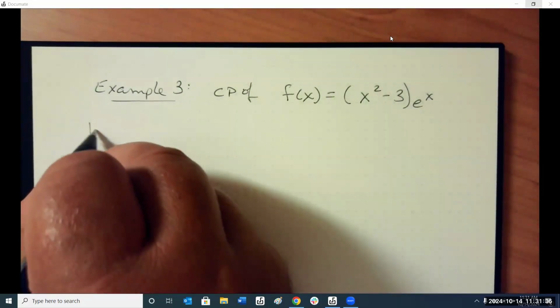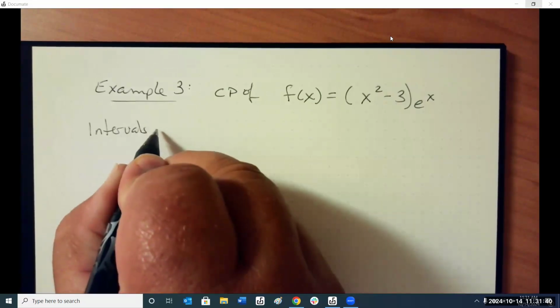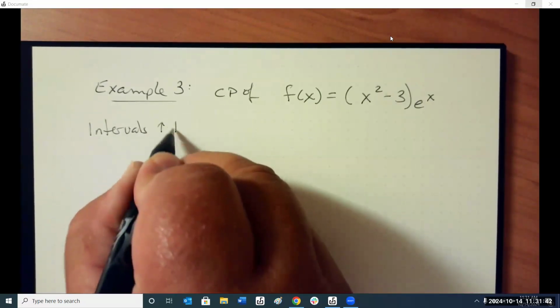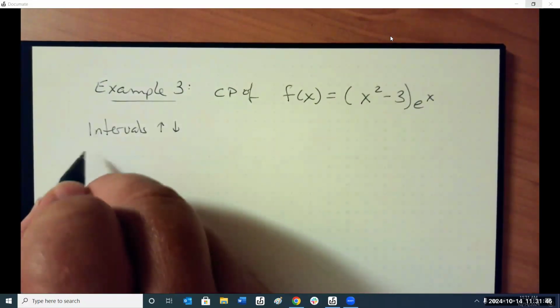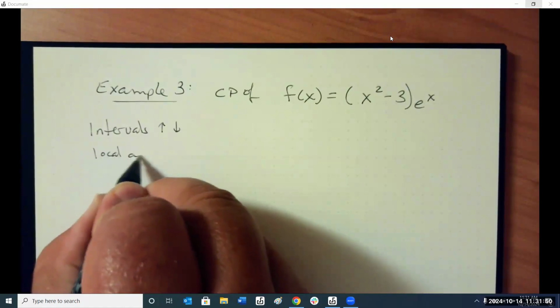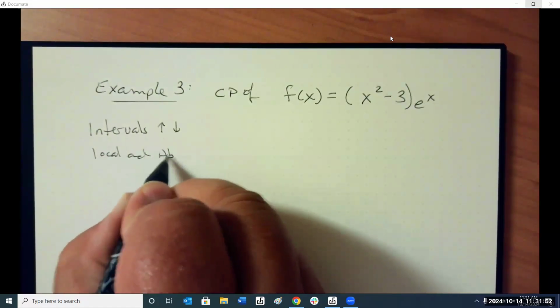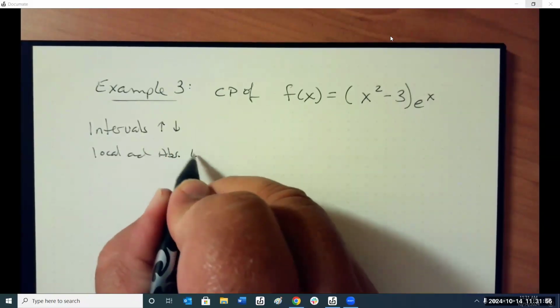Find the intervals where it's increasing and decreasing. Find the function's local and absolute extrema.